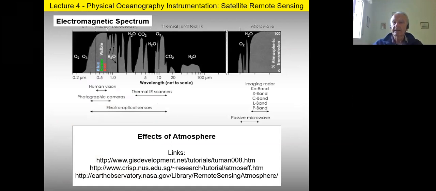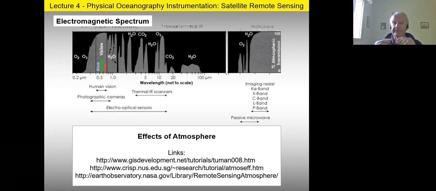Obviously, if we are doing satellite measurements, either in the visible part of the spectrum, or the sea surface temperature measurements, which means infrared radiation, we have to take into consideration the atmosphere. Why? Because the atmosphere really distorts the signal which comes from the Earth's surface, because the atmosphere partly absorbs the electromagnetic radiation from the Earth's surface.